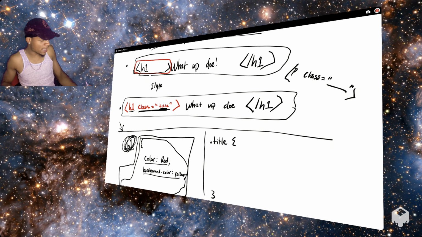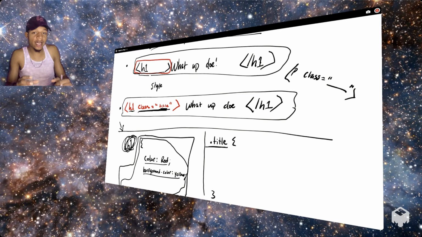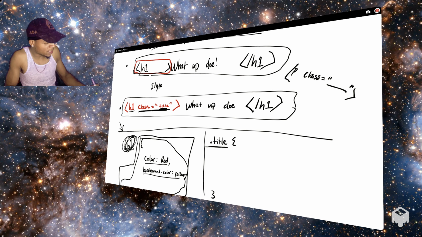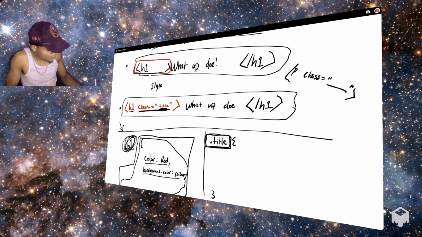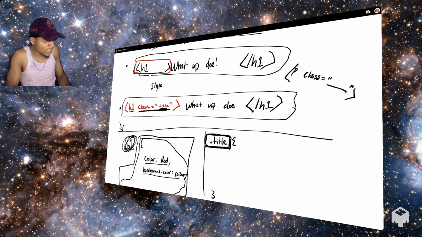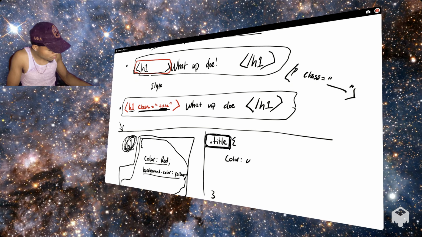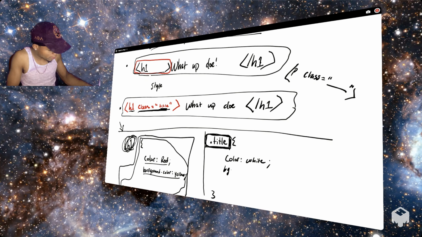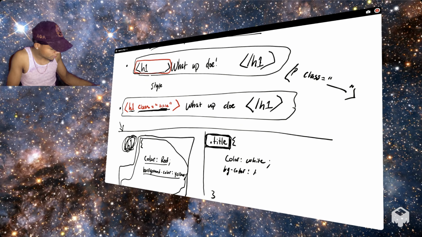And so what dot title does, this selects the class. This selects all elements that have the class title on it. And so in my CSS now, any element that has the class title is going to get a color white with a background, I'm going to just call it BG right now, with a BG color of black.